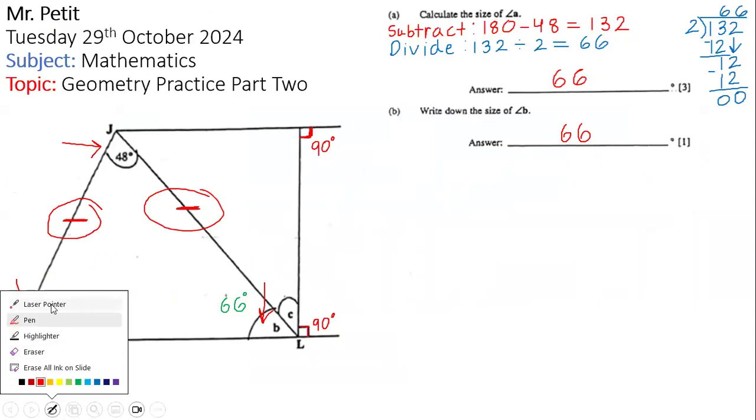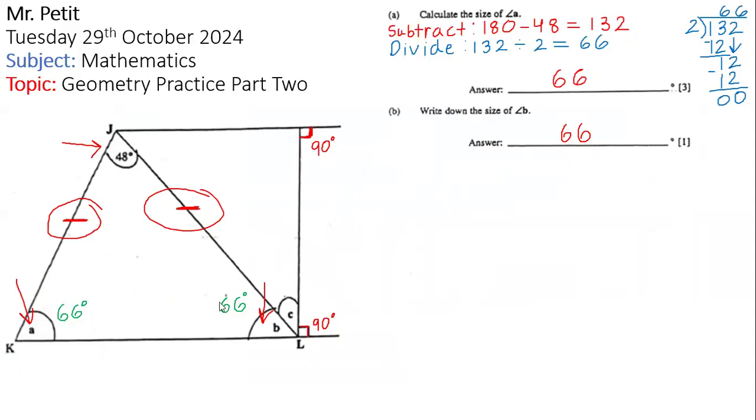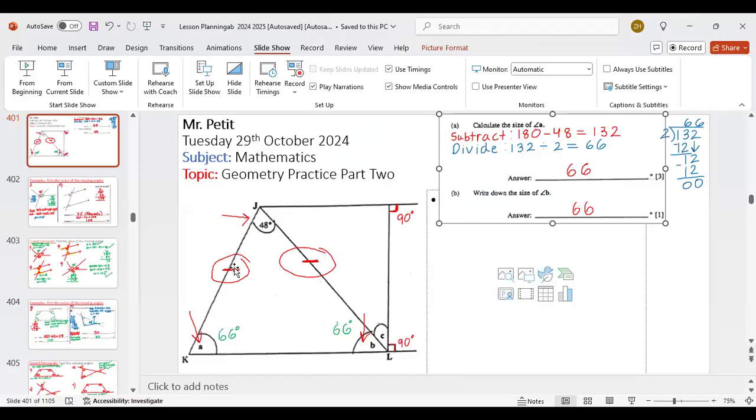So what we do is we know that angles in a triangle add up to what? Laura, angles in a triangle add up to what? 180. So we're gonna take 180 and subtract 48. And that gives us what? 132.